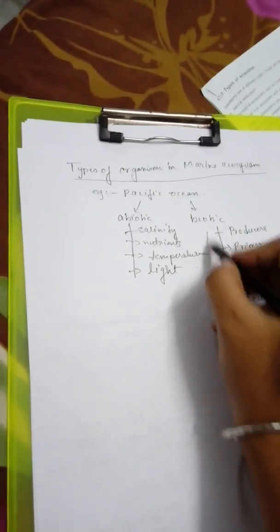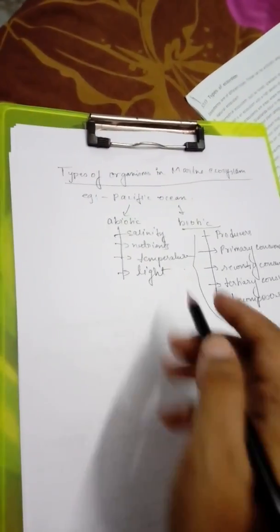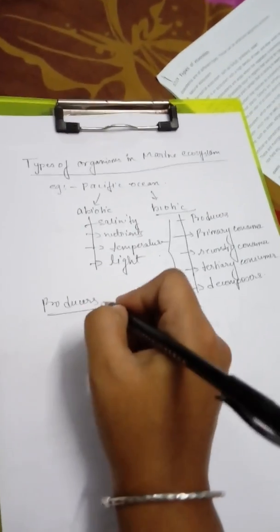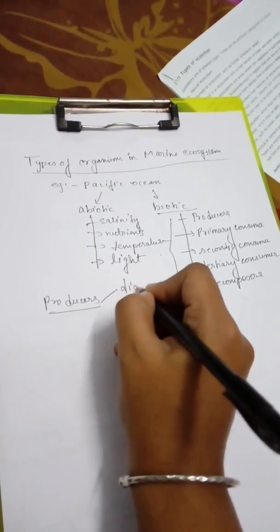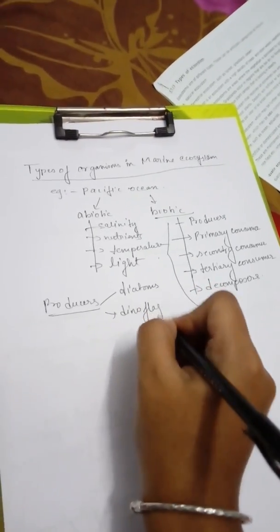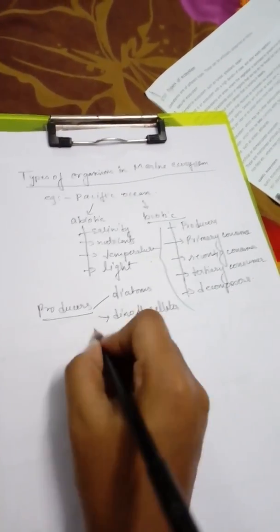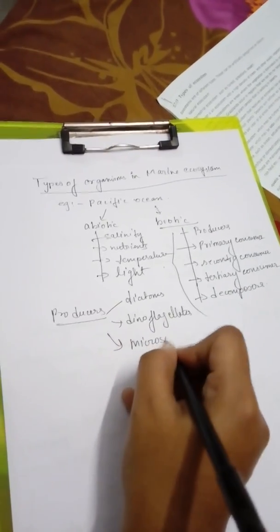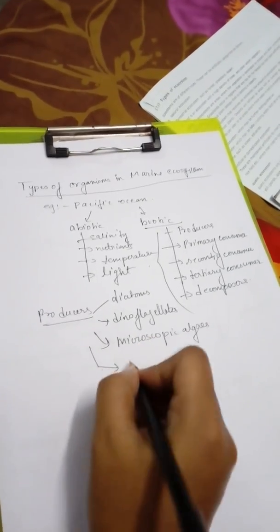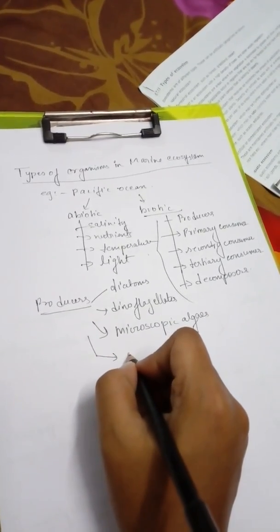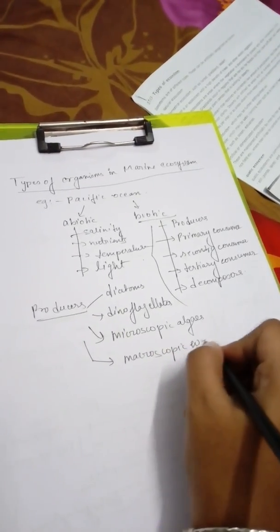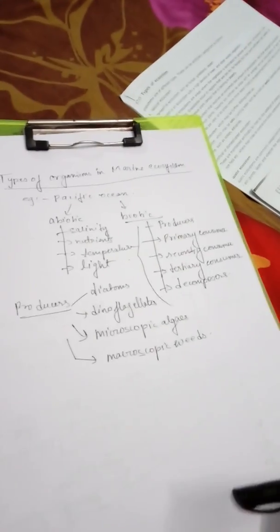Now our main focus is this biotic component. Under producers, there lie diatoms, dinoflagellates, microscopic algae, and macroscopic weeds. These are the main things. Let's have some examples.